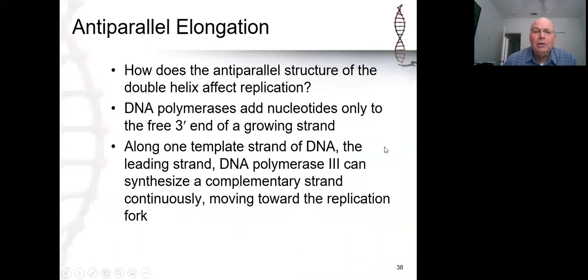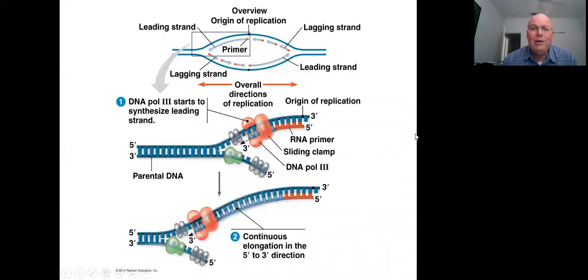So when we take a look at what is going on at the origin of replication, we find that on what is now known as the leading strand, a single primer is applied at the origin of replication by the primase.